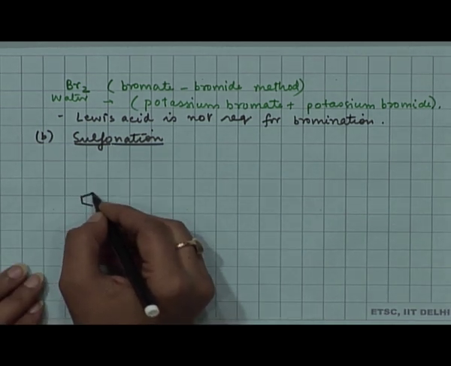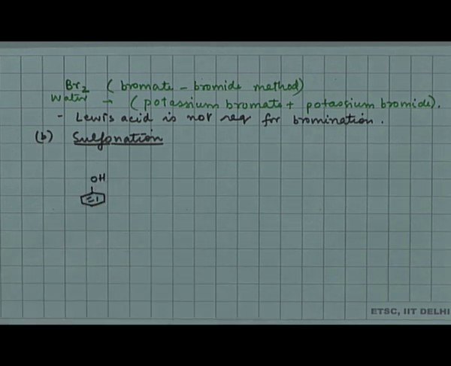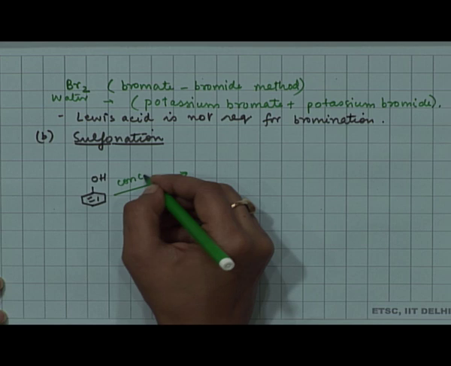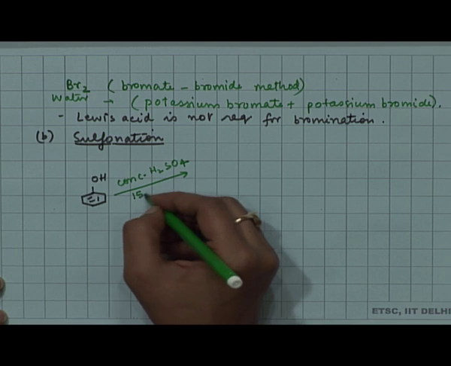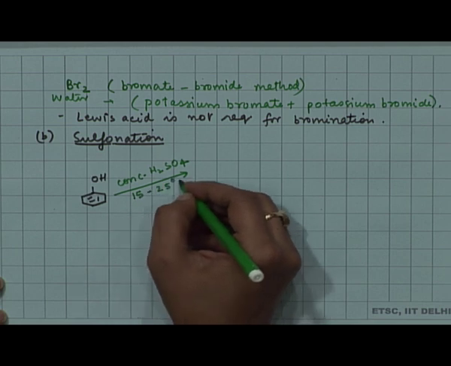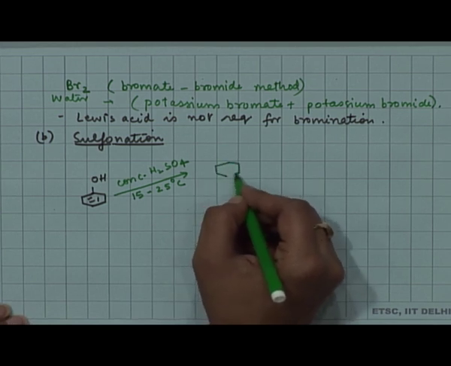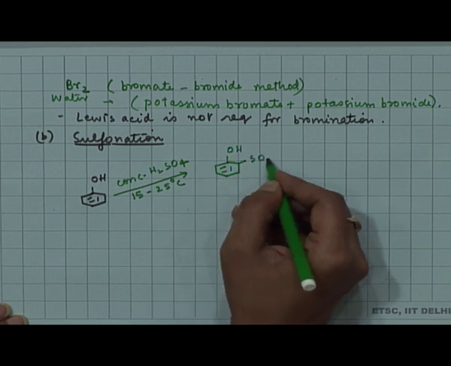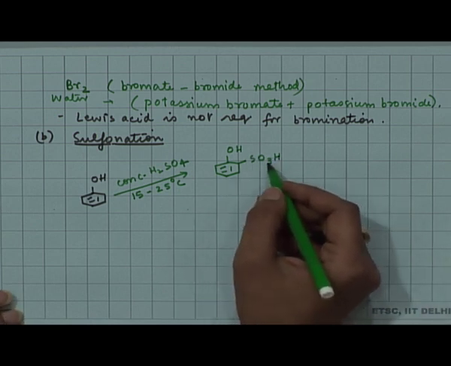Sulphonation: you start with the phenol, you treat it with concentrated H2SO4, the temperature being in the range 15 to 25 degrees centigrade. The product which you get is the ortho sulphonated phenol.